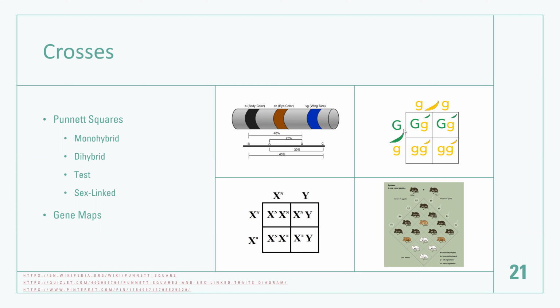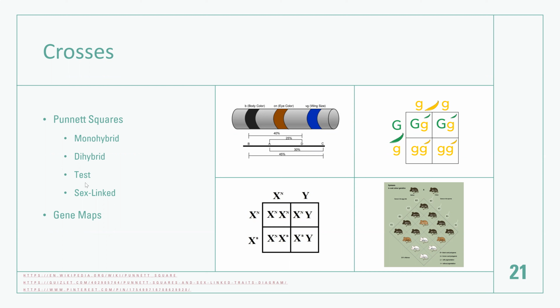If you get a completely dominant progeny generation, or filial generation, then you know that the unknown parent has to be completely dominant, because they don't have a recessive allele to pass on to make a recessive progeny.